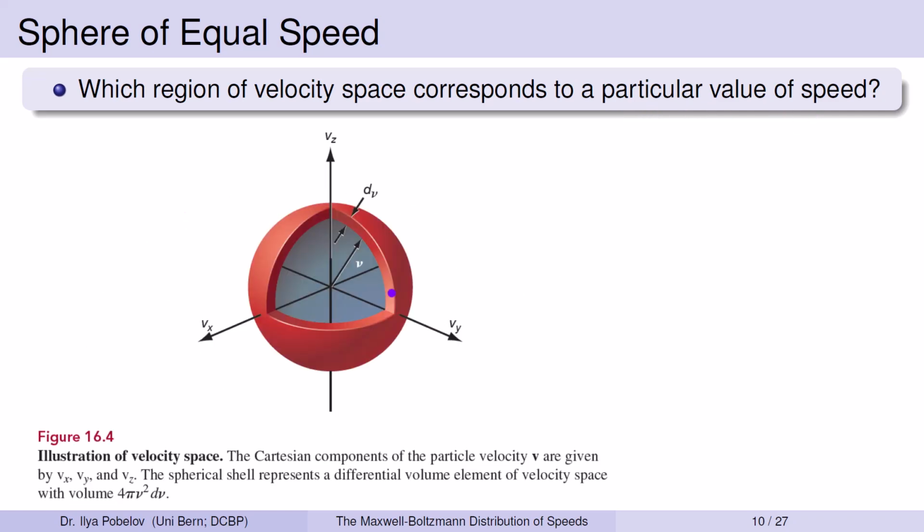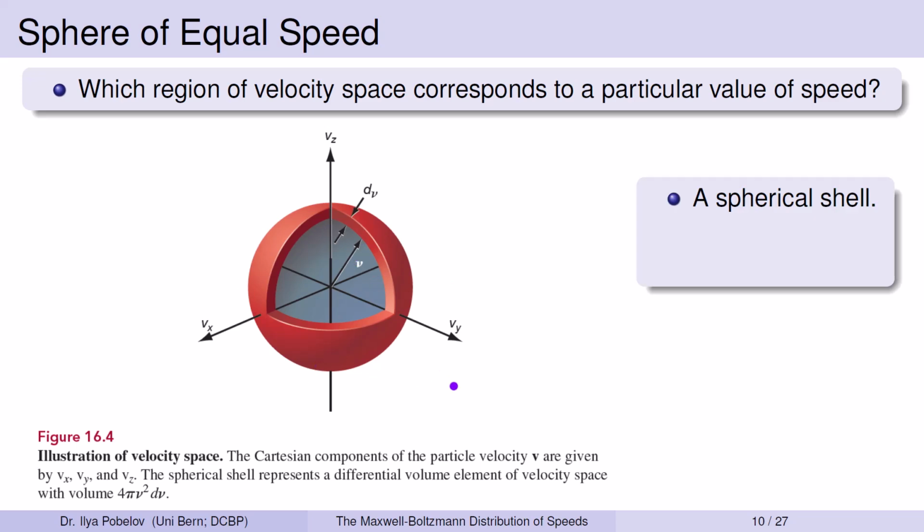We will use this figure for illustration. In velocity space, we consider a spherical shell with radius v, which represents the speed, and with a thickness equal to an infinitesimally small differential of speed dv.